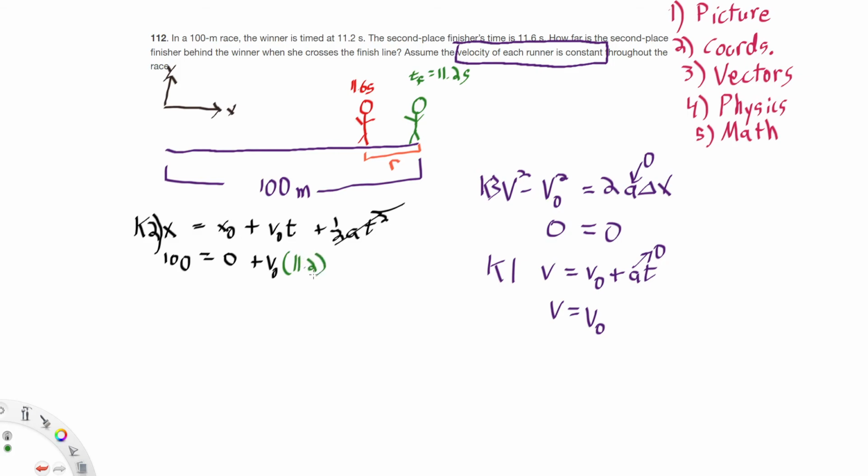So actually, K2 gives us some information. We have only one unknown, and so we're able to solve for it. So v naught equals 100 over 11.2. I plug that into my old reliable, and we get about 8.9 meters a second.